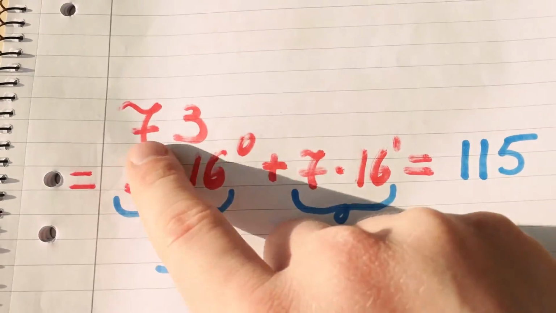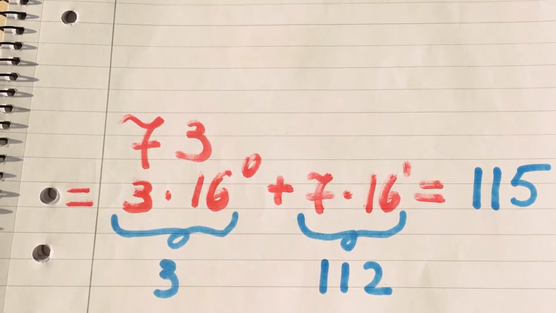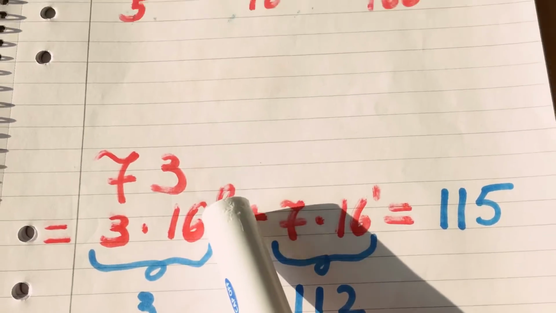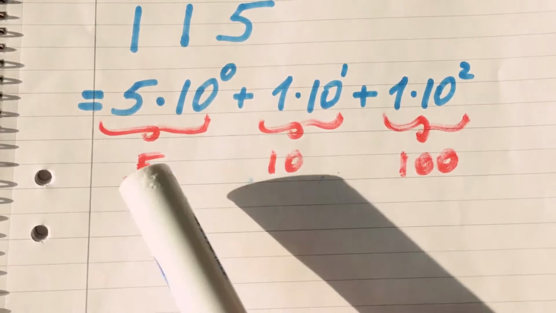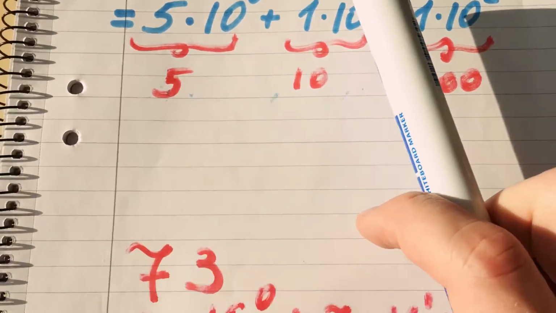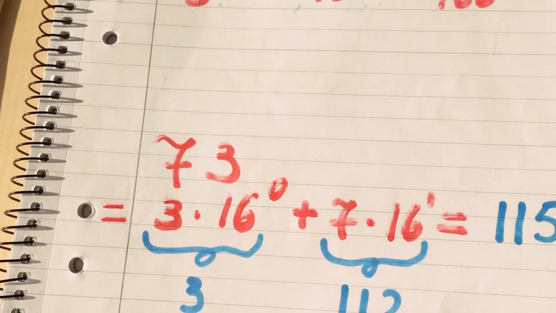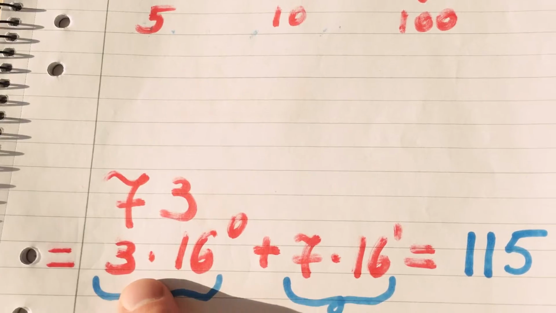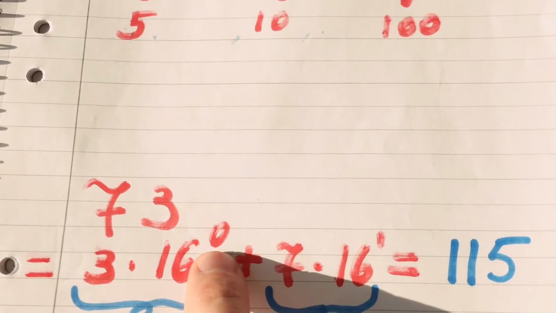So 73 in base 16 means that we take 3 times 16 raised to the power of 0, like we did up here with 5 times 10 to the power of 0. But now we have base 16, and therefore we take the last digit, which is 3, times 16 raised to the power of 0.